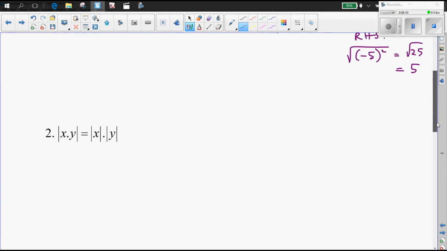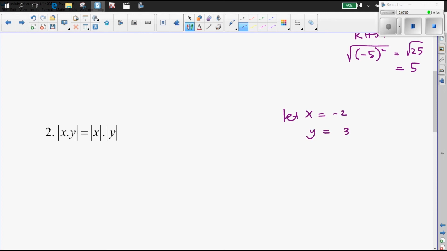The second property says that the absolute value of the product of two numbers is the same as the product of the absolute values. So let x equal negative 2 and y equal 3. Once again, we divide our equation into a left-hand side and a right-hand side. I'm now going to look at the left-hand side.